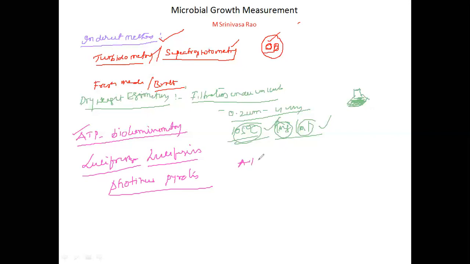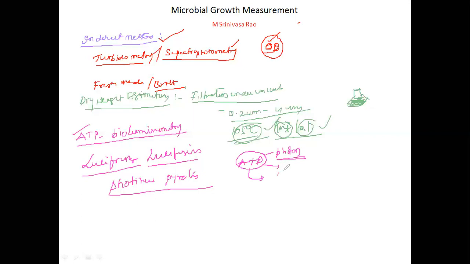When an ATP molecule is there, this enzyme releases a photon of light. How much ATP is present, that many photons of light are produced. When the combination of luciferase and luciferin is added to ATP extracted from a sample in cell suspension, the light is generated, because for one ATP it produces one photon.